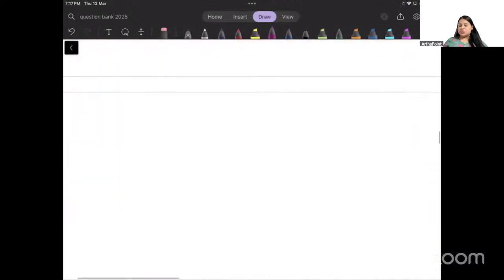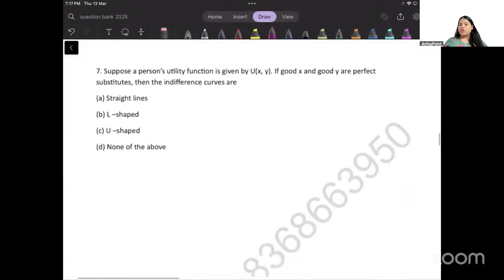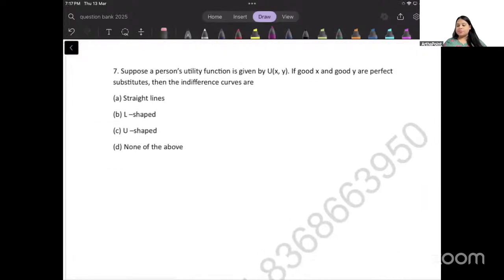ठीक है, next question. Try to answer this better. Suppose a person's utility function is given by u(x,y), and good x and good y are perfect substitutes.